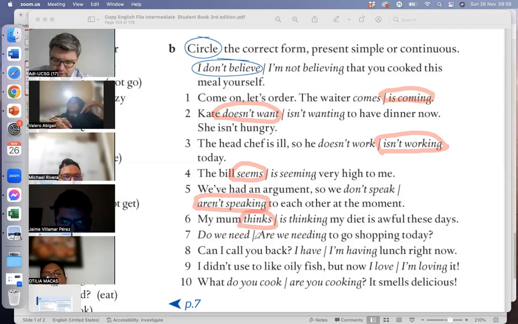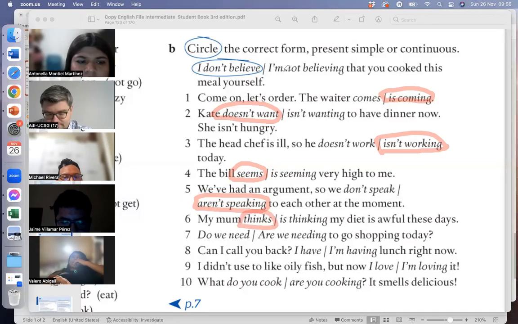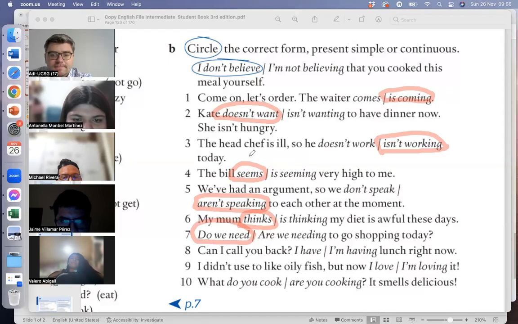Okay, good. Number 7. Who wants to do number 7? Antonella. Do we need to go shopping today? Very good. Number 8. Who would like to do number 8?